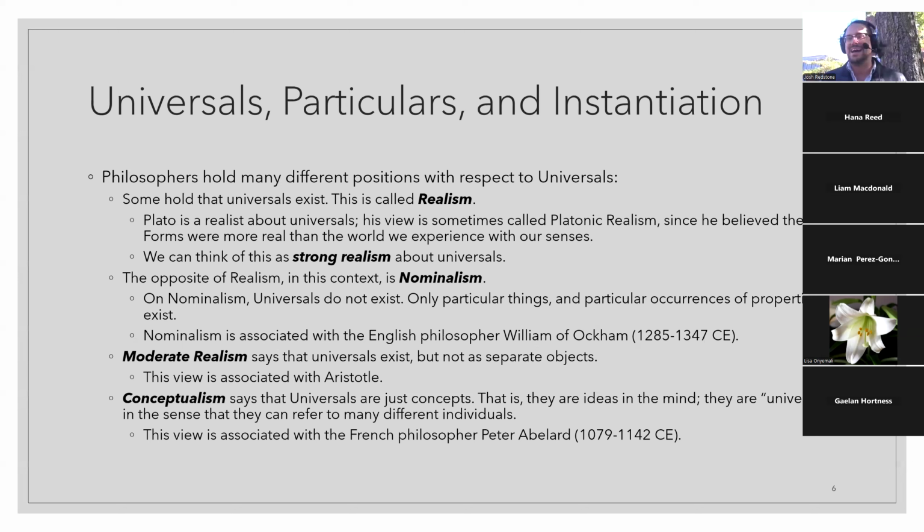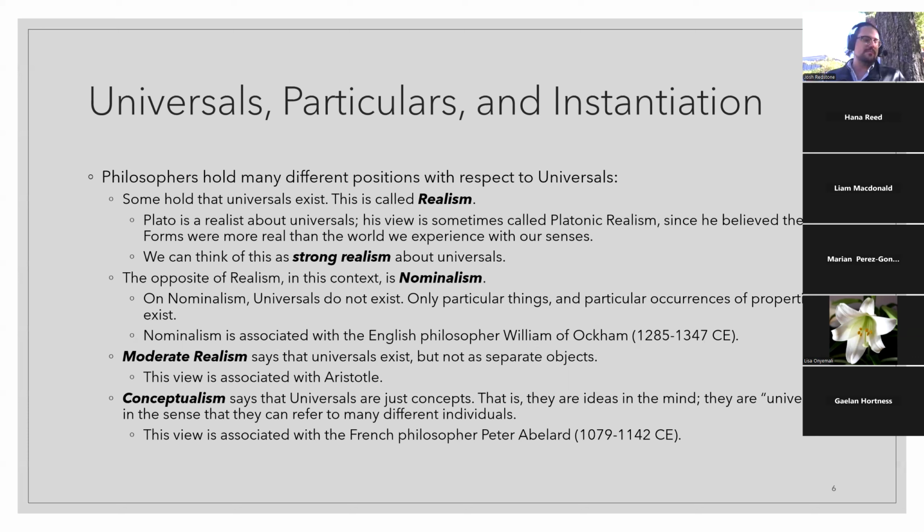It's like a class. We categorize all these things into a class based on their similarity, but that does not mean that green exists over and above all of the green objects, right? So those are kind of like the extreme ends of the spectrum on universals.